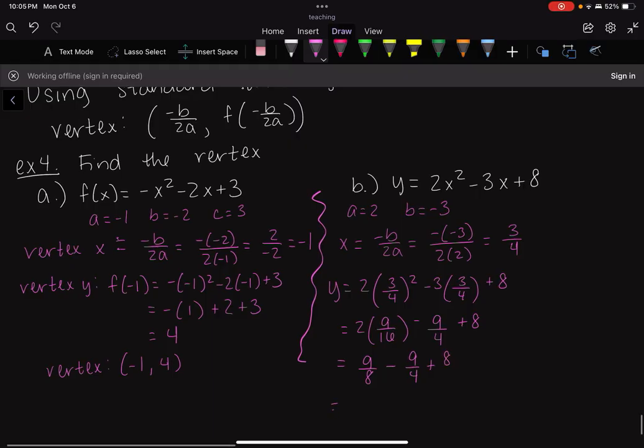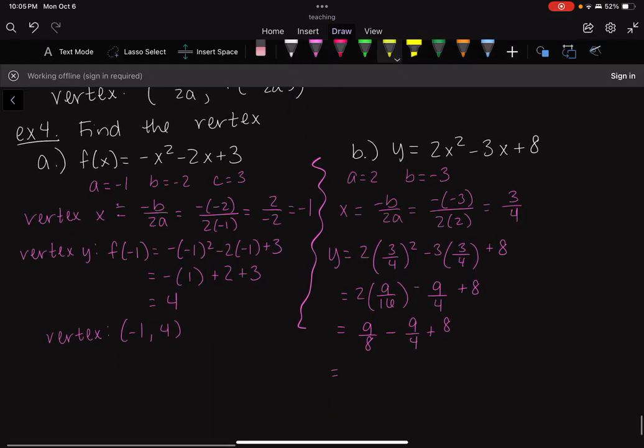Now I want everything to have the same denominator, so I can get everything to have a denominator of 8 and do 2 over 2, and this one I do 8 over 8. I get 9 over 8 minus 18 over 8 plus 64 over 8.